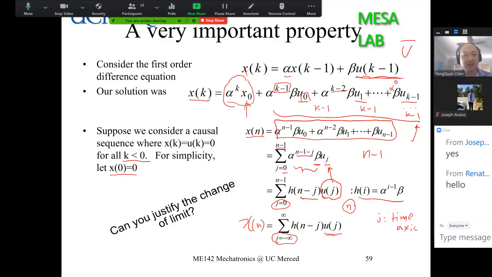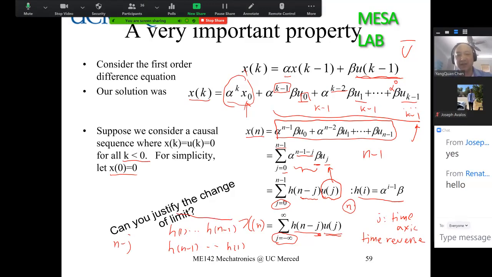So this is a signal u_j. This is another signal, but according to the j, this is n minus j. This is kind of time reversed. So instead of h1 through h n minus 1, when you do n minus j, you get h n minus 1, then x1.